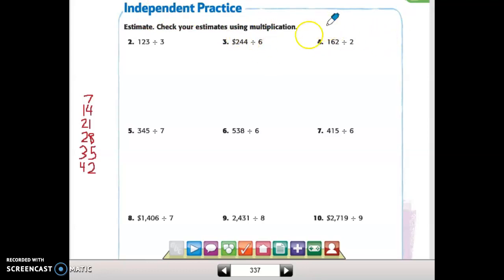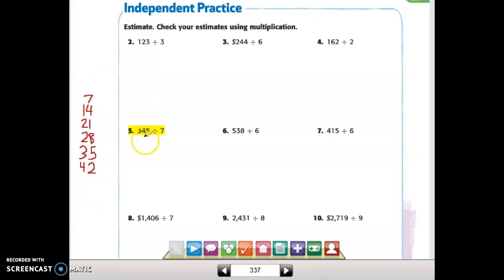I want to point out really quickly, when you get to your independent practice, most of these, it's pretty clear when you round it that it will be the same as the basic fact. The first time that is different is on number 5. This is the first problem where your basic fact will not be what you get when you just look at those two. So if you're looking at 34 and you write out your 7s, you'll see that 34 isn't on the list.